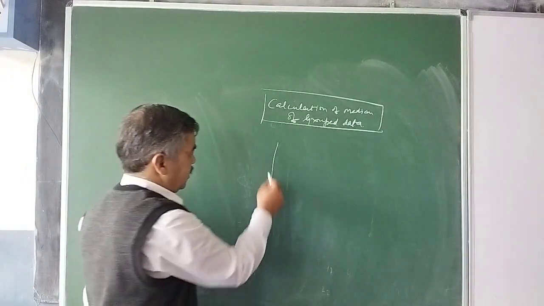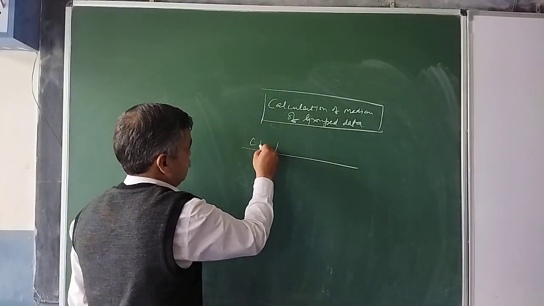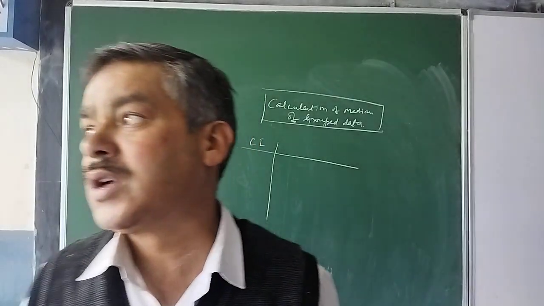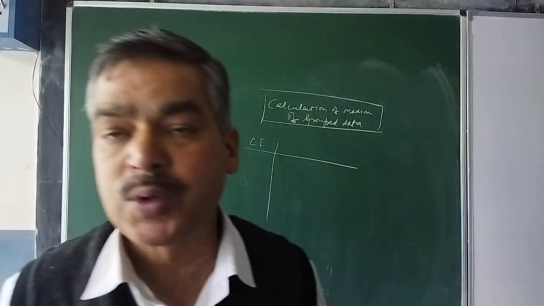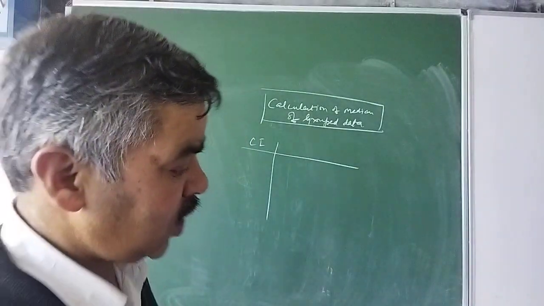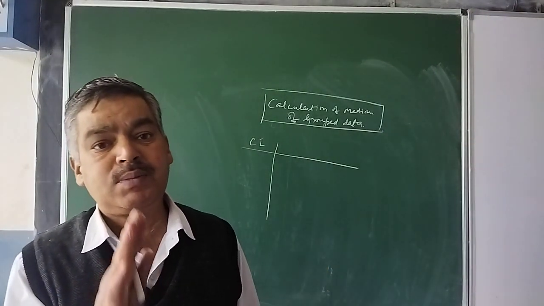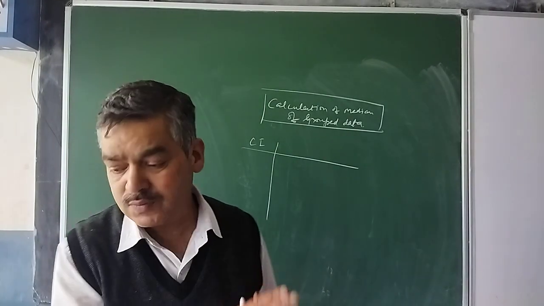So you need the data in exclusive form always. That is the first precaution you have to take. You have to check whether the data is in exclusive form or not. If it is not, please make that exclusive.